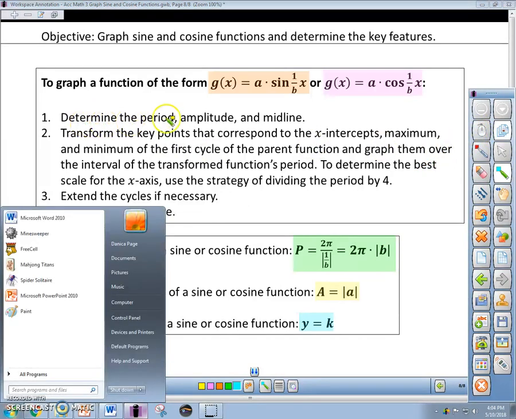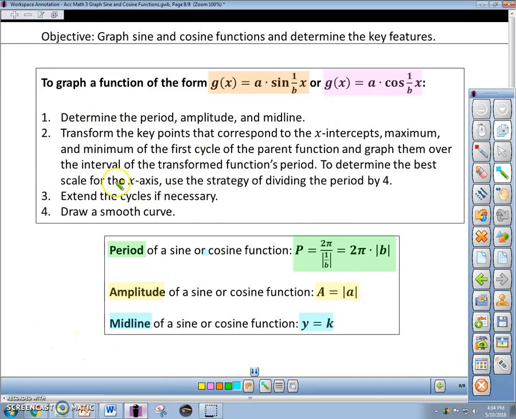So we want to determine the period, the amplitude, and the midline before we start graphing. And then we'll transform those key points we talked about with the parent functions. So the zeros are x-intercepts, the relative maximum and the relative minimum in the first cycle. And then we will go ahead and transform them using the stretches and compressions that exist.